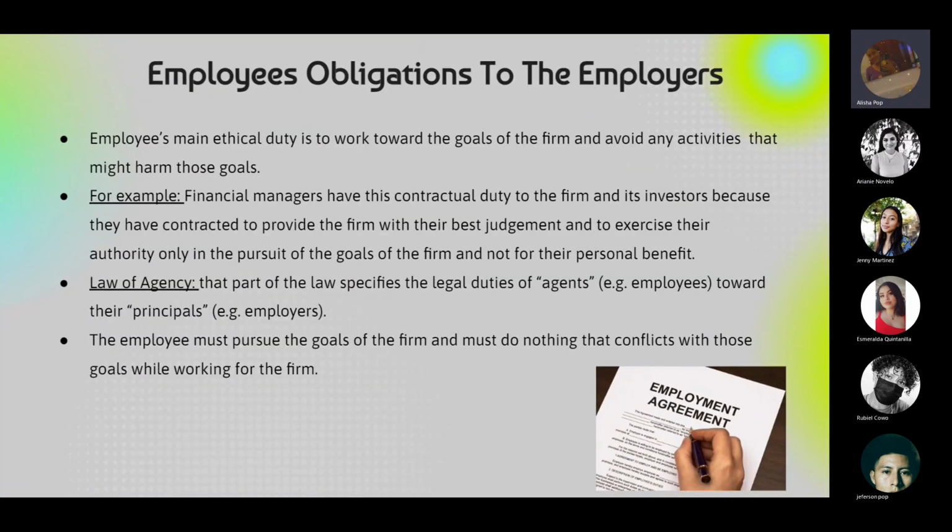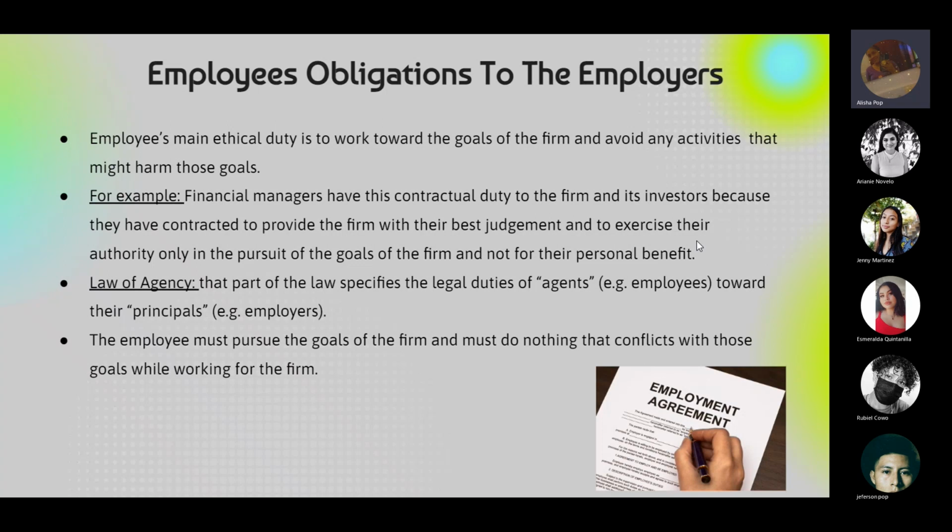In addition to this, we have the employee's obligation to the employers. So the employee's commitment is to work towards their objectives and to circumvent activities harmful to the goals that might affect the company. For instance, financial managers have a contractual duty to the firm and its investors because they have contracted to provide the firm with their best judgment, right?